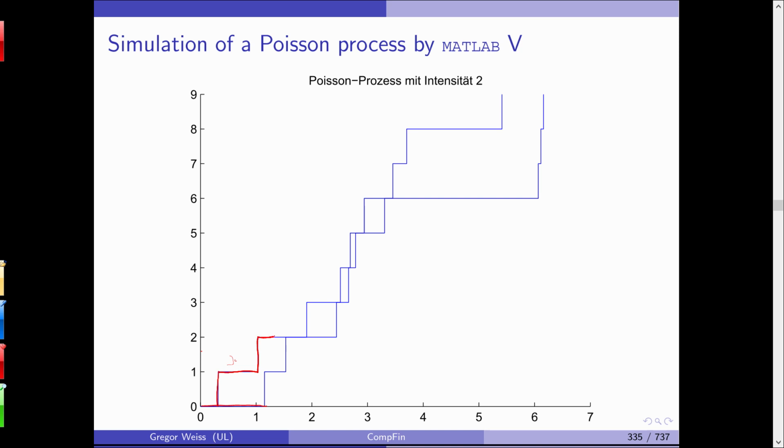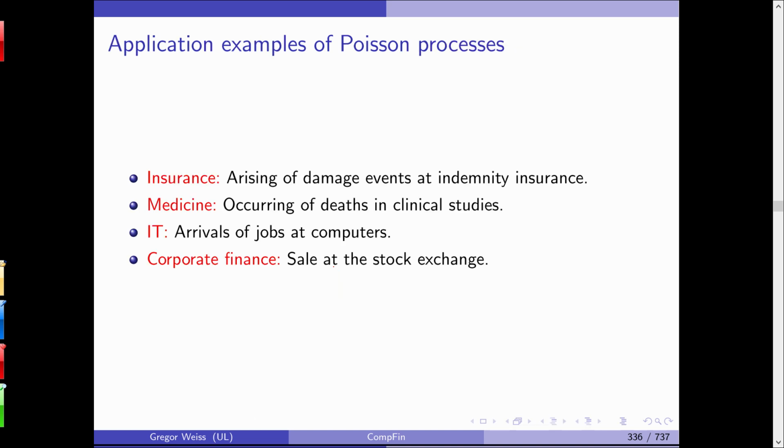Here we have to wait a little bit longer, and you can see here, it's the second process. Actually, it might also be that both cross, and that now the second path is above the first one. That's nice, but it's still not very practical when it comes to modeling jumps in volatility or CDS spreads.